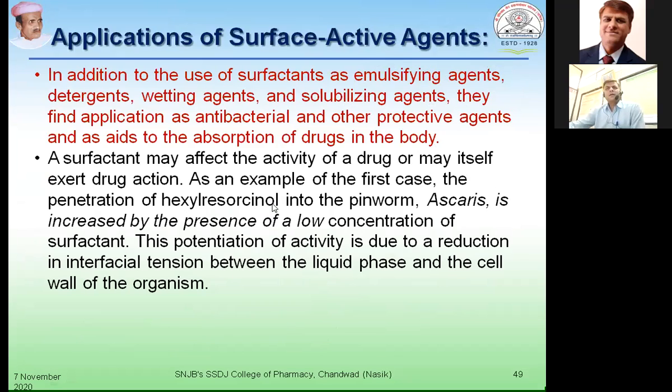The concentration of this particular material in pinworm Ascaris is increased by the presence of a low concentration of surfactant. And this potentiation of activity is due to the reduction in the interfacial tension that exists between the liquid phase and the cell wall of the microorganism.